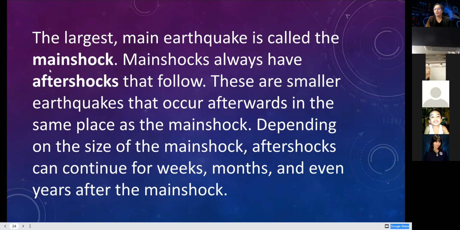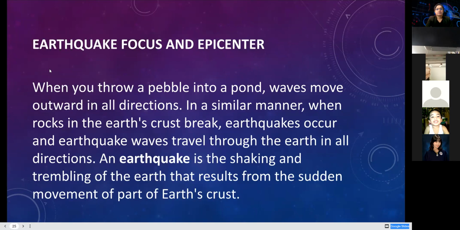Remember that these earthquakes move in a wave form. Meaning to say that it will travel in the ground. Earthquake focus and epicenter.